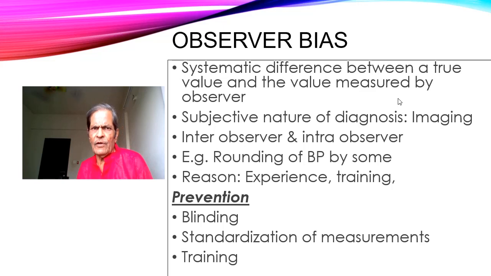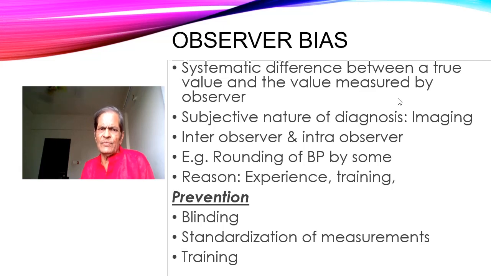The next type of bias is the observer bias. Observer bias is a systematic difference between a true value and the value measured by the observer. The value measured by the observer is one thing and the actual value is another, and if there is a difference, then observer bias is said to have been introduced in the study.